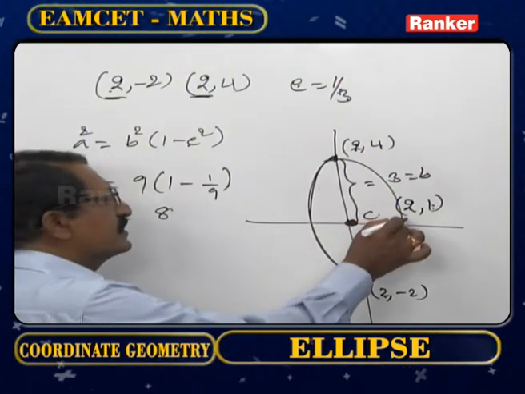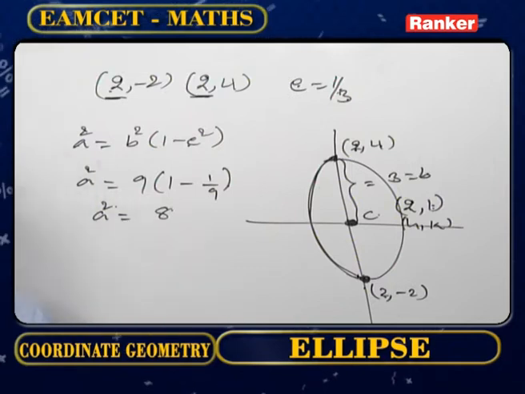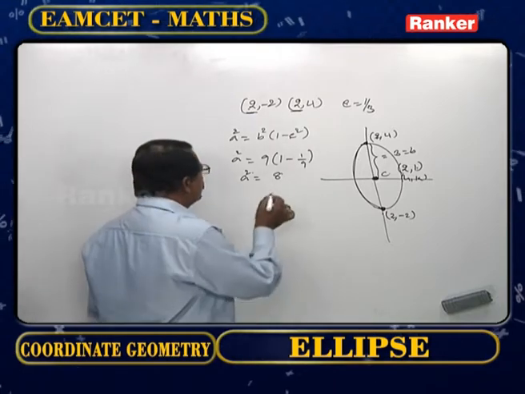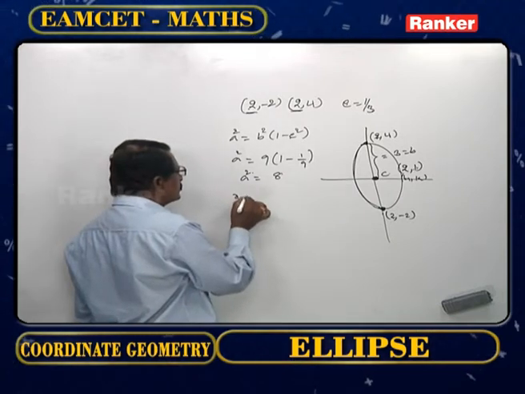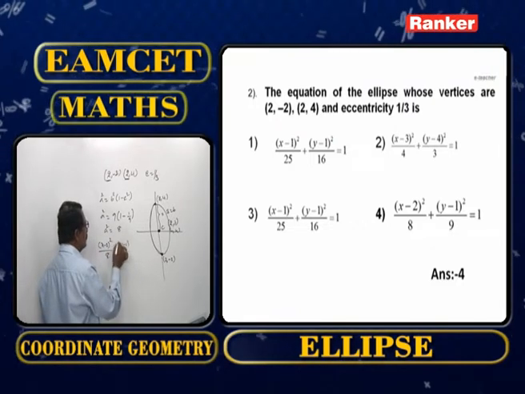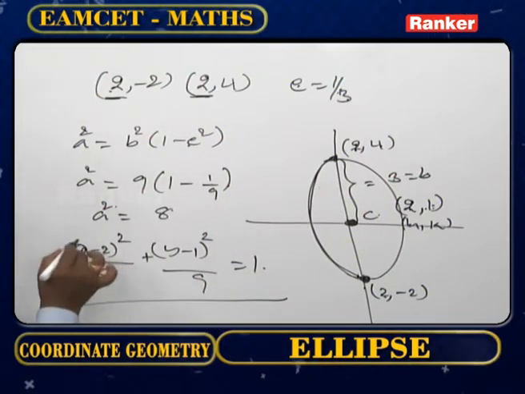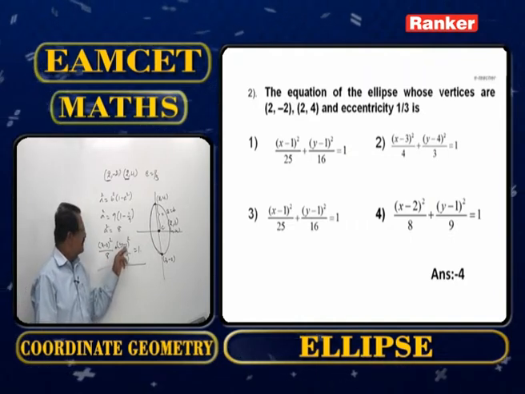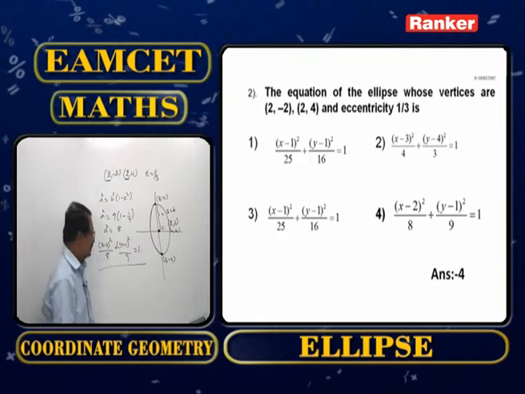If the center is h comma k, the equation of the ellipse is x minus h whole square by a square plus y minus k whole square by b square equals 1. Here the center is 2 comma 1, so x minus 2 whole square by 8 plus y minus 1 whole square by 9 equals 1. The required equation of the ellipse is x minus 2 whole square by 8 plus y minus 1 whole square by 9 equals 1. The fourth option is the correct one.